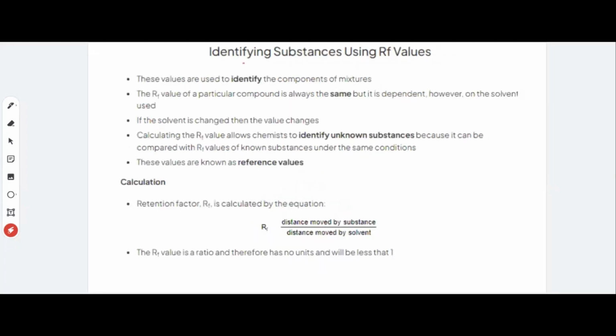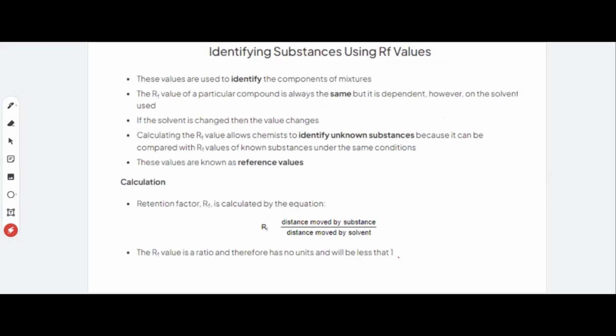Now you're identifying substances using the RF values. What is the RF value? Retardation factor or retention factor. And what is the formula? It is distance moved by substance divided by distance moved by solvent. It has no units and its value will always be less than 1.